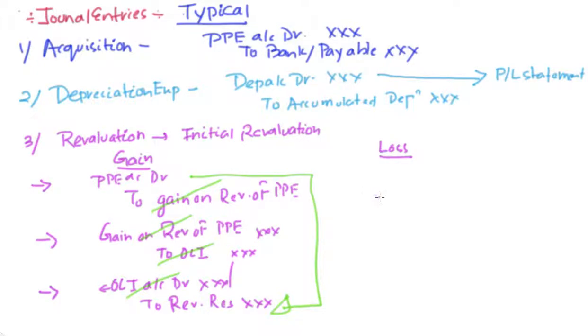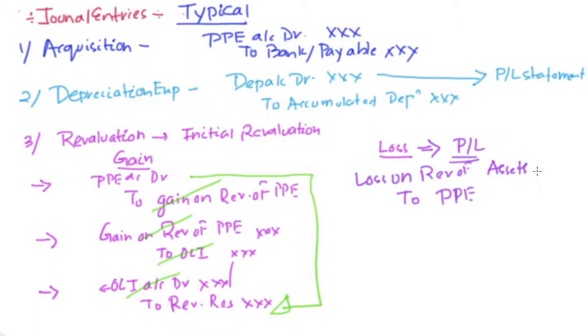The same is the case with the loss, but when there's a loss, the amount is transferred to P&L directly. So the loss on revaluation of assets account is debited to property, plant, and equipment, as the value declines.